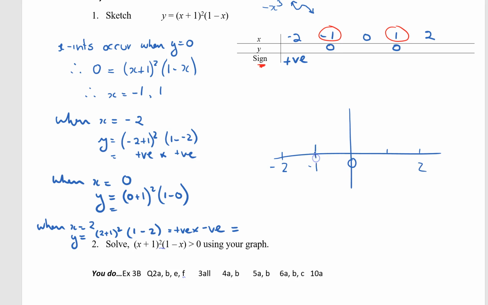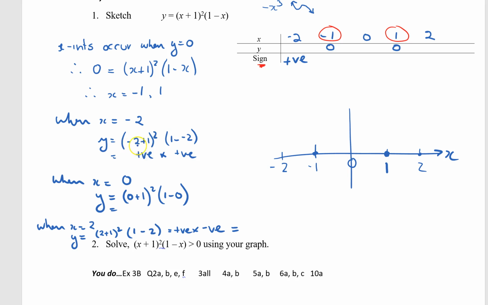I'll just fill this in. We know that it is on the axis there, and it's on the axis here at 1. And this is the x-axis. So we know, this is going to be a positive.